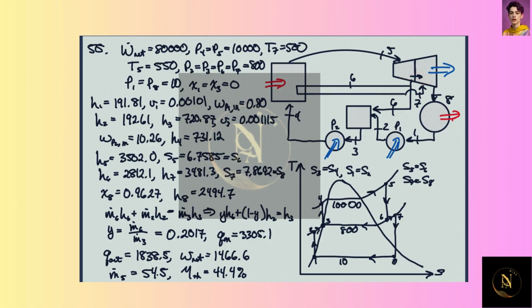All right, so let's see here. Where are we? All right, so that allows us to find Y, and that winds up being about 20%. So about 20% of this goes out of here, and then comes back in and gets pumped back into here, and some of it goes into here. And then the rest of it basically continues into the low pressure turbine.